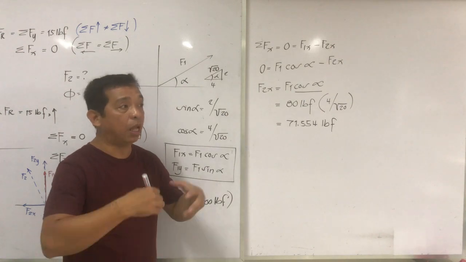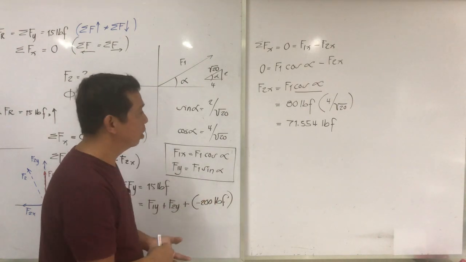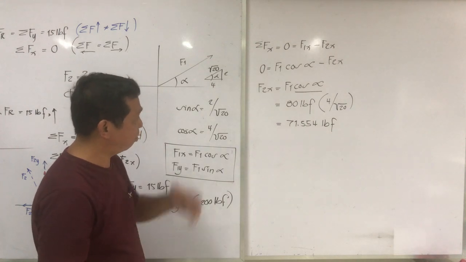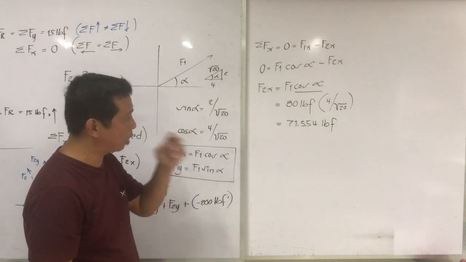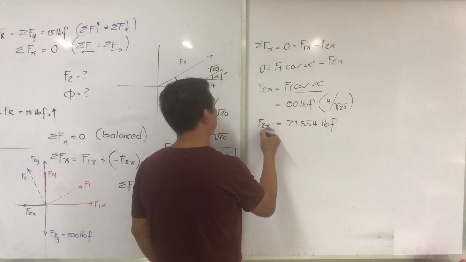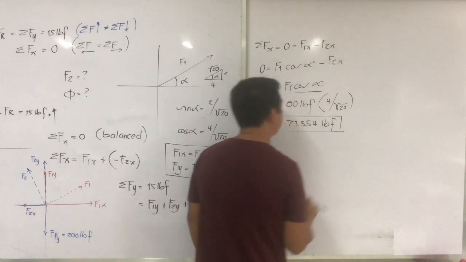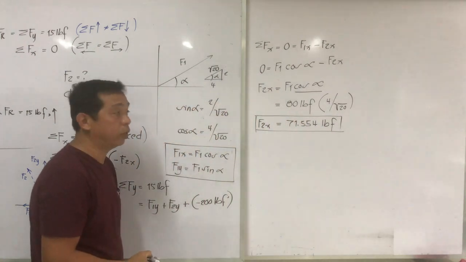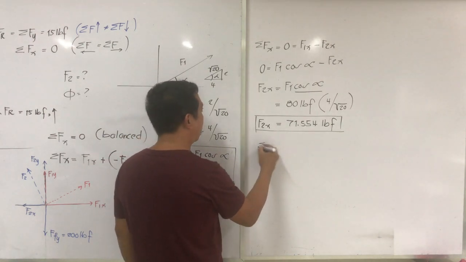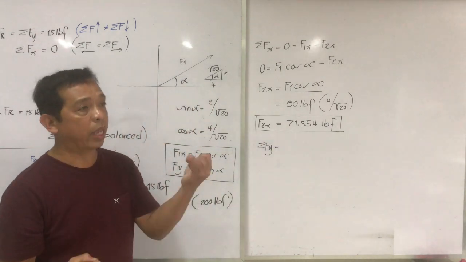Now, may habit na mag-double check, mag-recalculate. So, I have already solved it, so tama naman yung sagot na yan. So, let us have your F2x be 71.554 pound force.